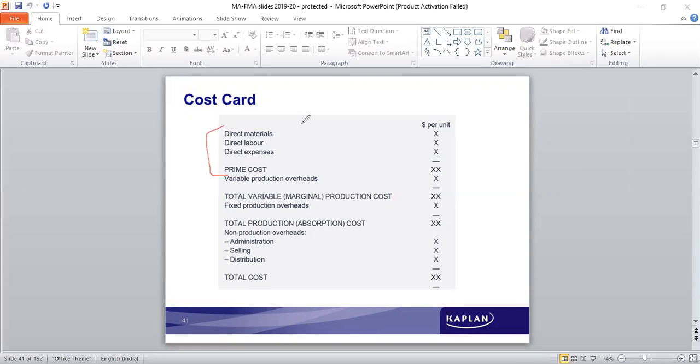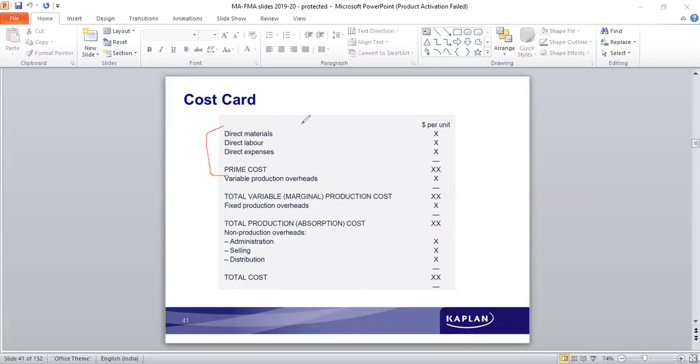Identifiability is there, calculation, identifying with each product or each service. It is easy to know what the direct material cost, direct labor cost, and direct expenses are. Identifiability is there, therefore calculation is also easy. So until prime cost, there is no problem.